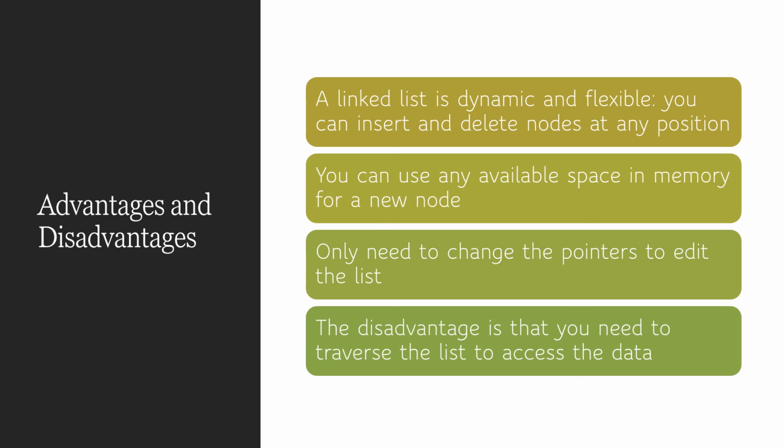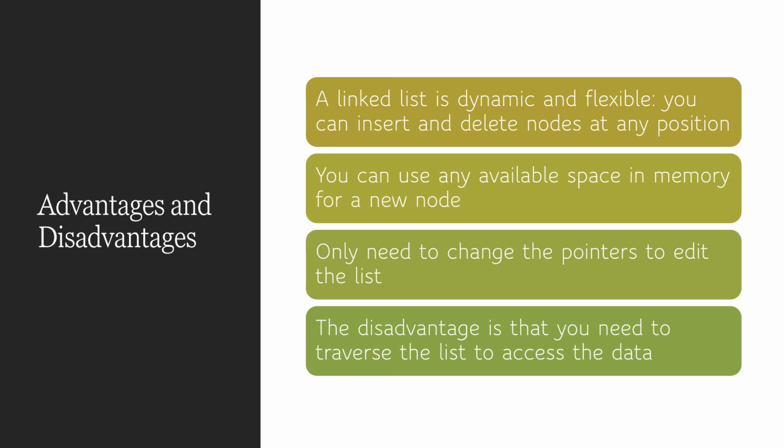There are some advantages and disadvantages to using a linked list. A linked list is dynamic and flexible. You can make changes, add and take away nodes at any position in the list. And if you've got any spare space in memory, you can put nodes there and just link to them. Editing and deleting from the list is quite easy.